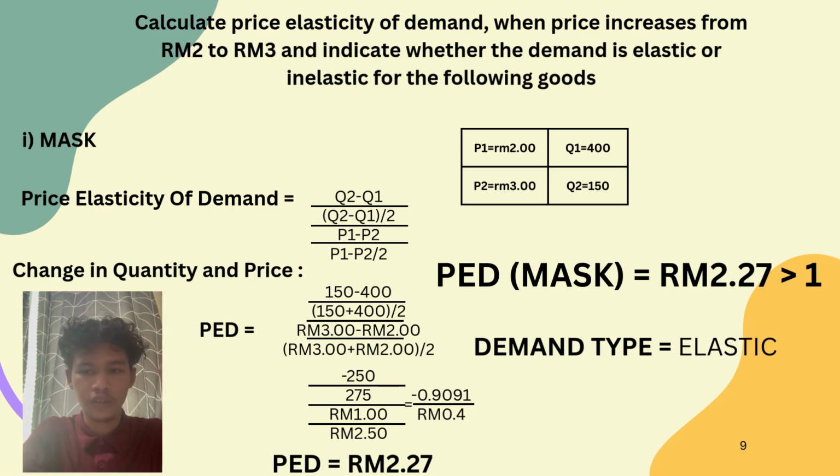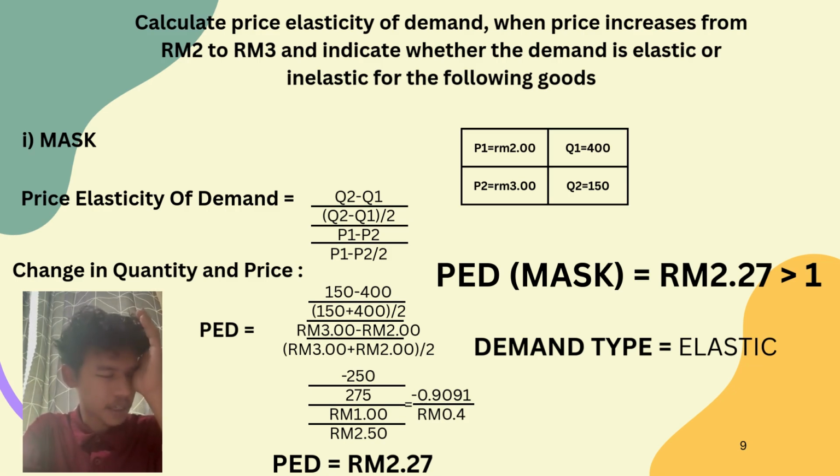This simplifies to negative 250 divided by 275, which equals negative 0.9091. We now simplify the denominator, which is the price part.